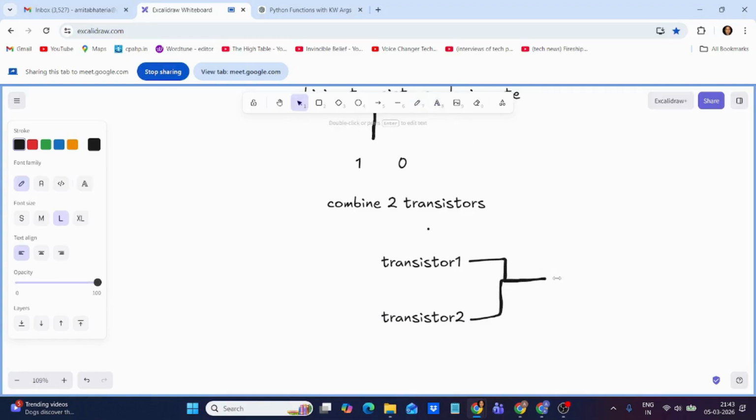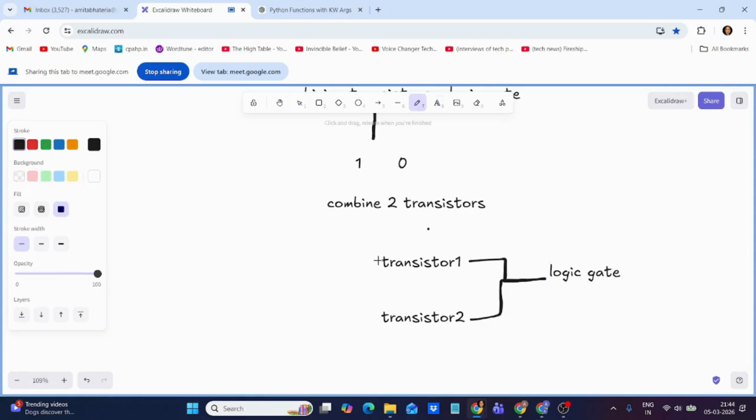Okay, so we can form a logic gate by combining these two transistors. Also we know that one transistor can have two values, either 1 or 0, and the same for transistor 2. So from different combinations of 1s and 0s from the two transistors, we can decide what the output will be.